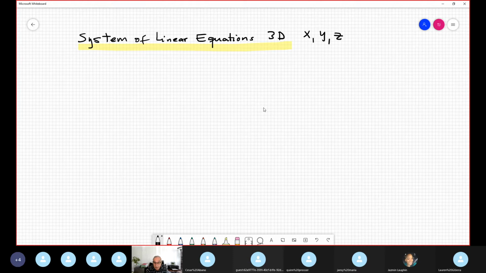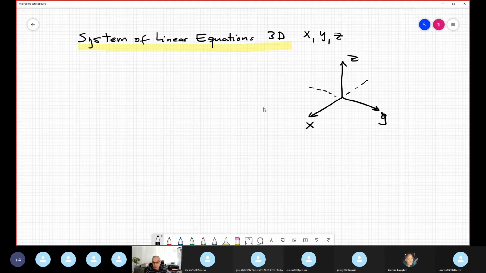Now, in 3 dimensions, this is the x-axis, this is the y-axis, and this is the z-axis. In order to understand this, suppose a corner of a room, no? This is a corner, right? And this is 3-dimensional space.